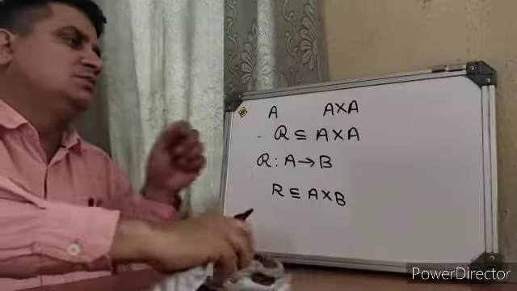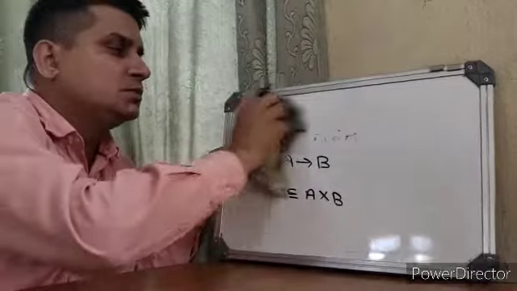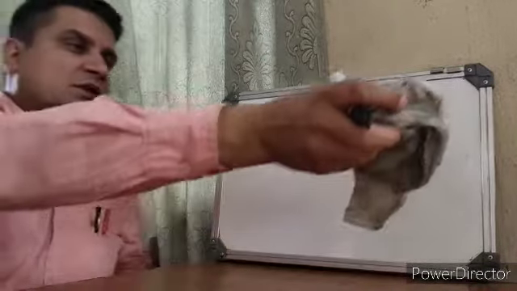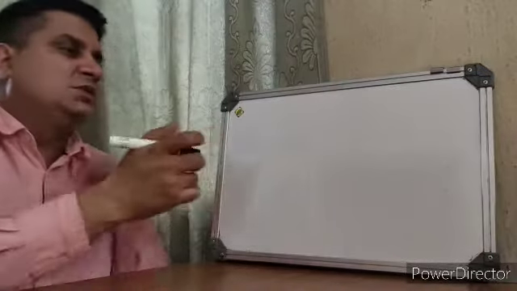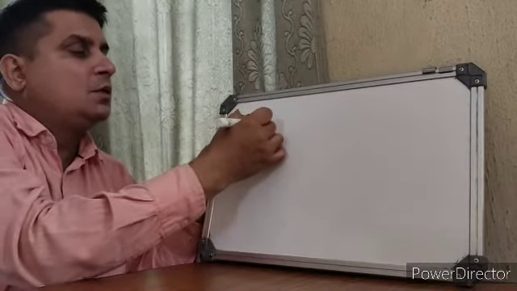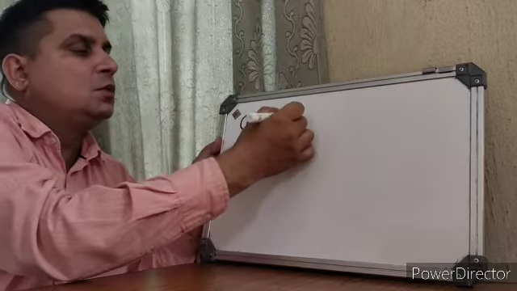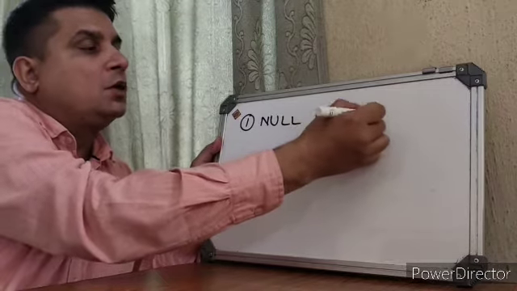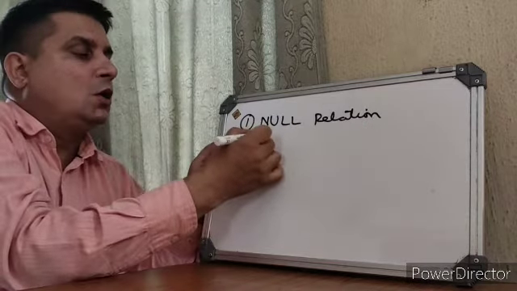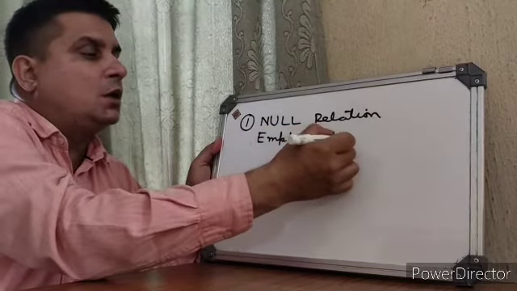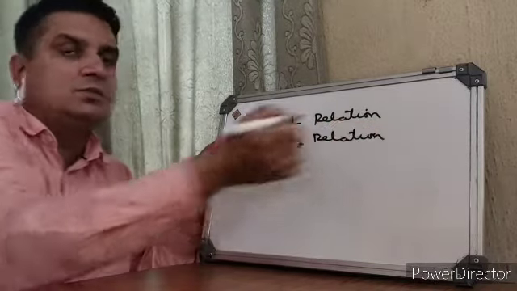Now next is different types of relation. We start with null relation or empty relation.